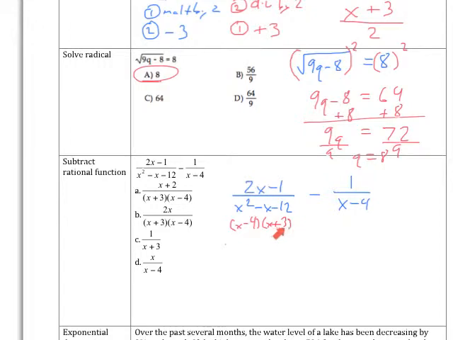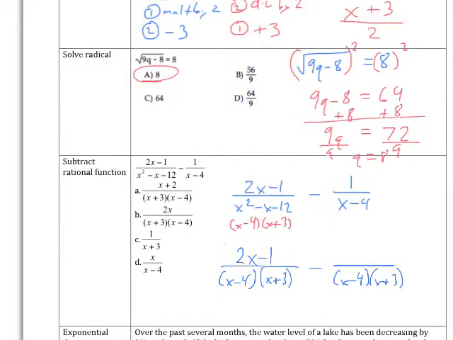So we've talked about how we need to come up with a common denominator. Well, the common denominator for these two fractions would be the more complicated of the two. So that's what our common denominator is going to be. The top of this first fraction, I don't have to mess with because it already has the common denominator.